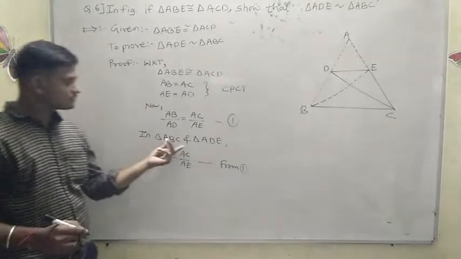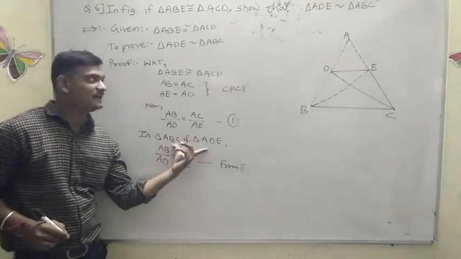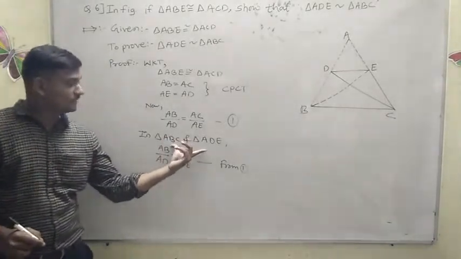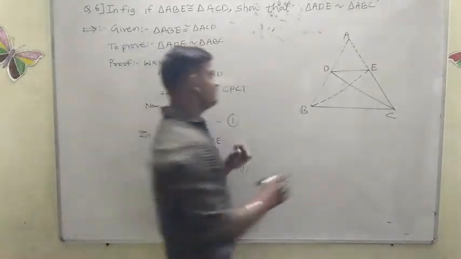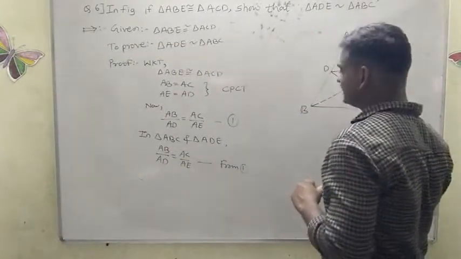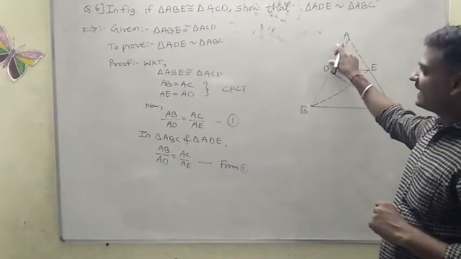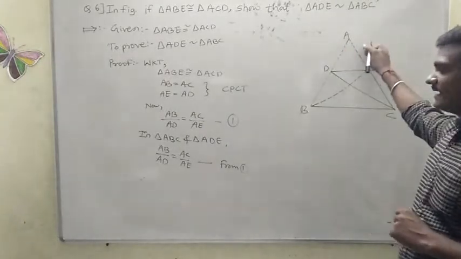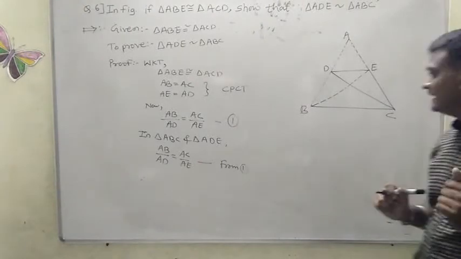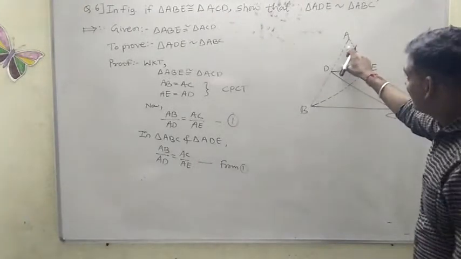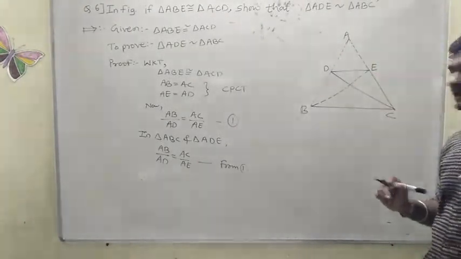And we have to see in these two triangles, triangle ABC and triangle ADE. See here, in triangle ABC and triangle ADE, we got the ratios AB by AD equal to AC by AE. These two ratios we got equal here. And check whether angle A is common for both the triangles.